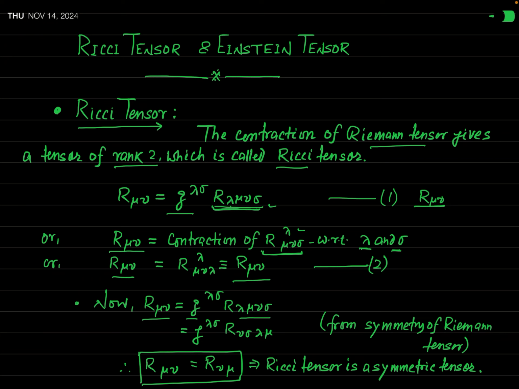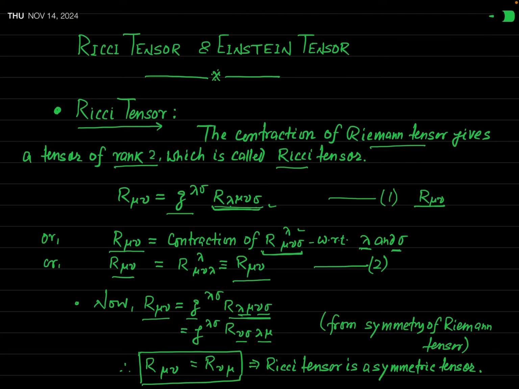And as you have studied earlier, the Riemann tensor is symmetric with respect to the pair of indices. The first pair is lambda mu, the second pair is nu sigma. If you interchange the pairs without changing the order within them, the tensor remains the same. So using this symmetry property of the Riemann tensor, instead of this R lambda mu nu sigma, you can write R nu sigma lambda mu.